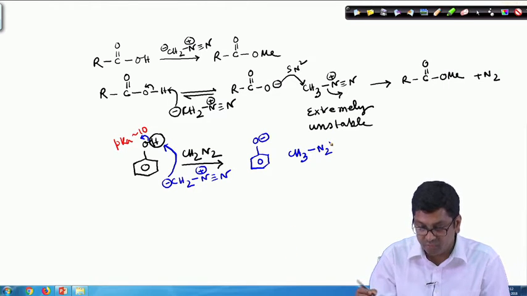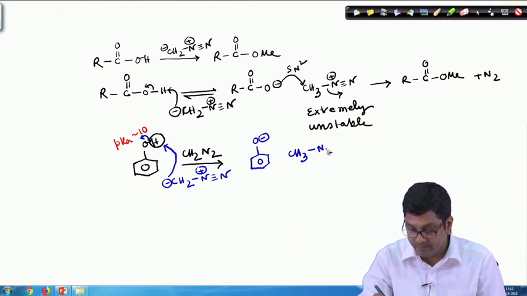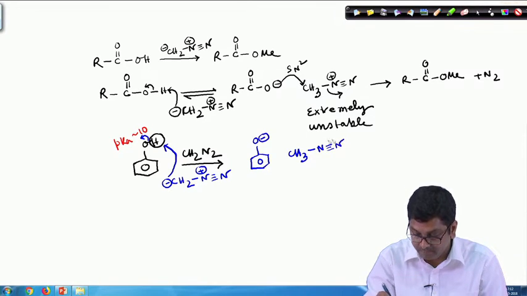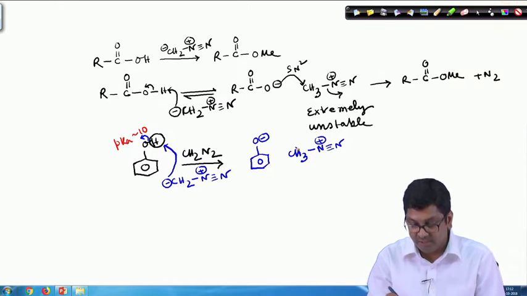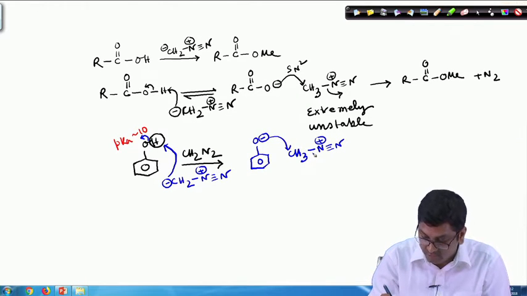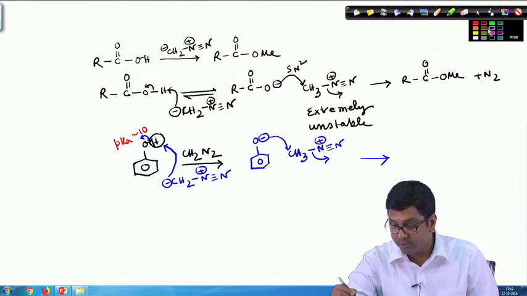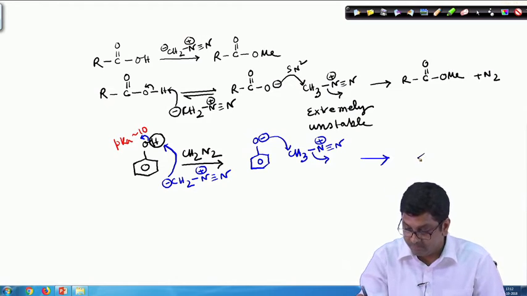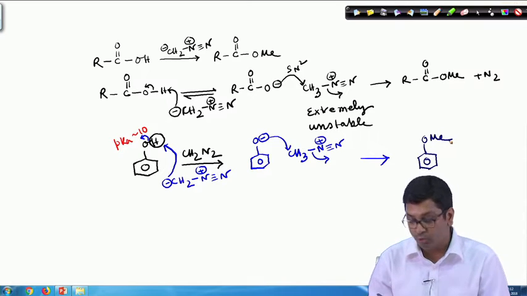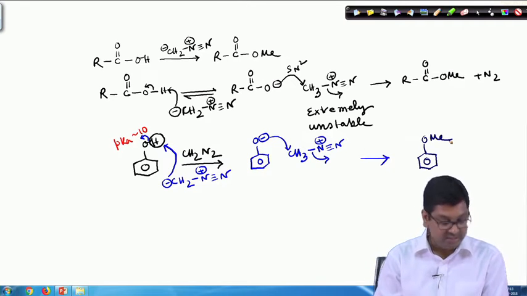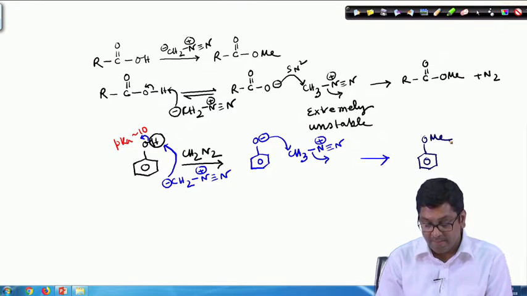So, rather I should draw it like the previous way, and this can attack over there and give you the corresponding product. This is called anisole. So, from phenol to anisole you can easily prepare in presence of diazomethane.